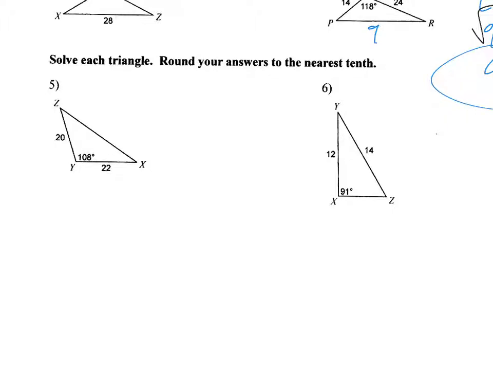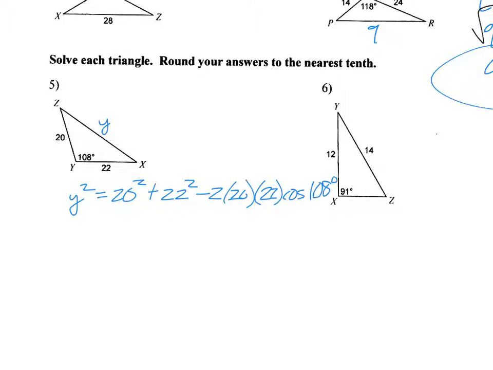So what I have is I'm going to call this side y. So side y squared equals 20 squared plus 22 squared minus 2 times 20 times 22 cosine of the angle, 108.